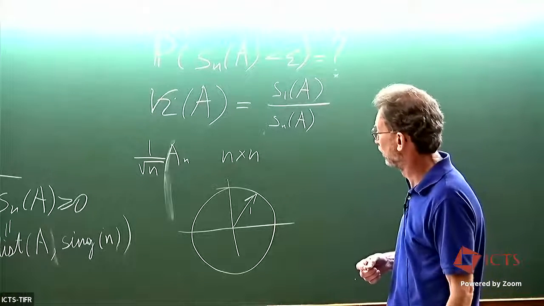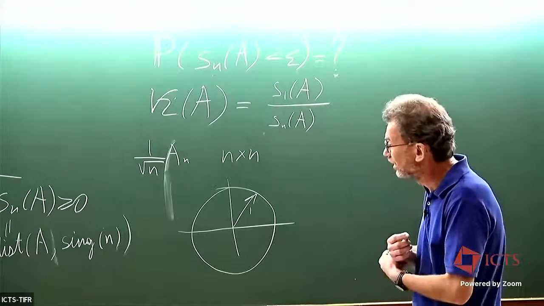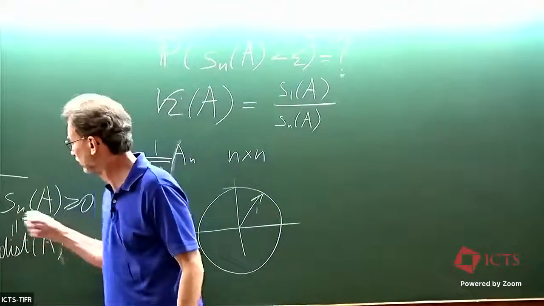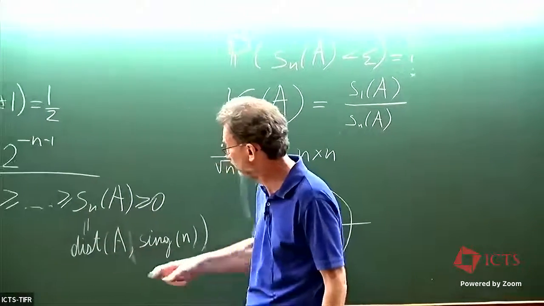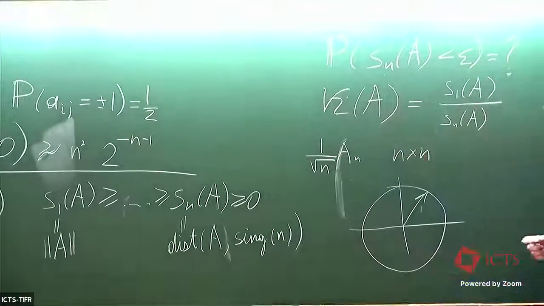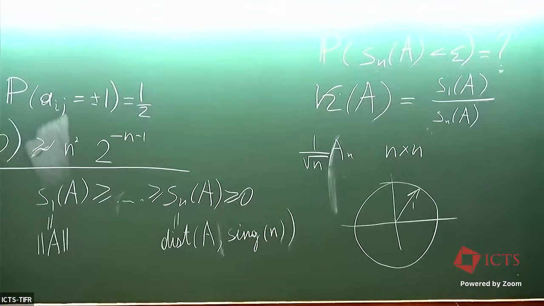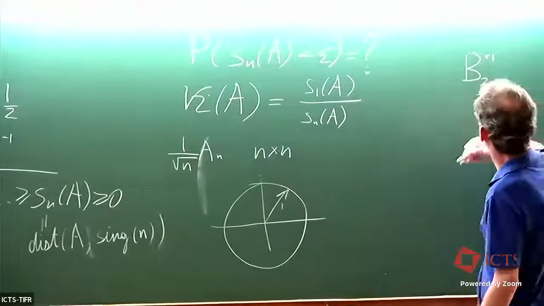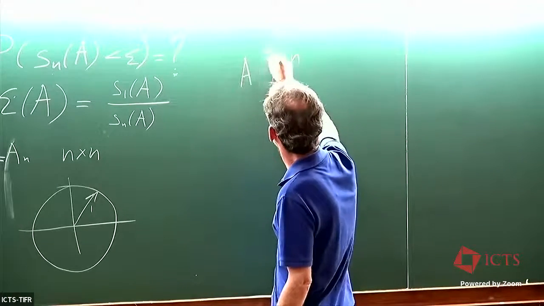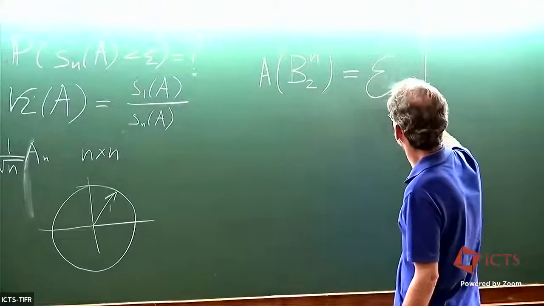So how to approach this? Let's look at all these singular values, and we can look at them geometrically. If I take the Euclidean unit ball and act on it with the matrix A, I'll get some ellipsoid.